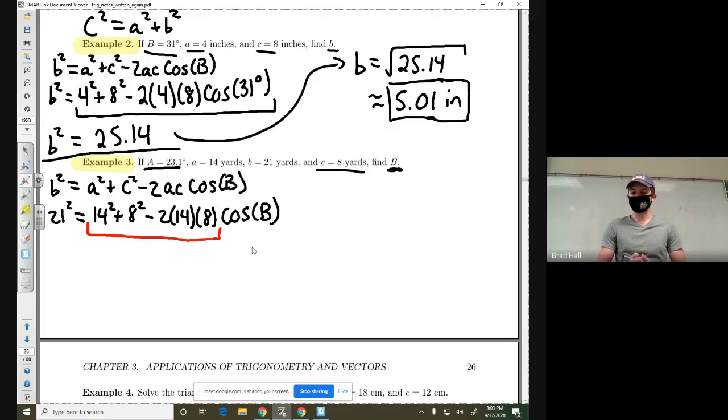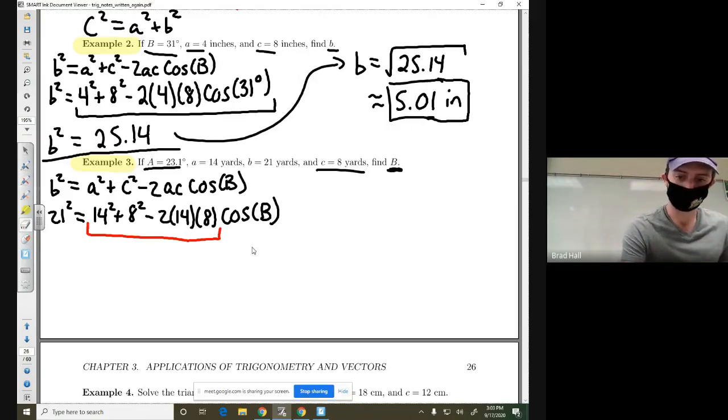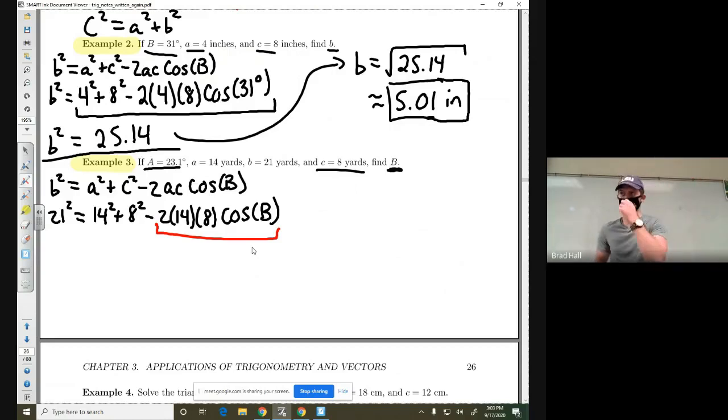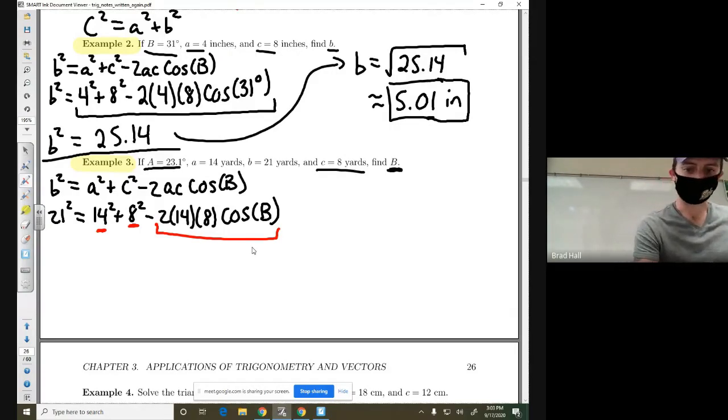You cannot combine those numbers together that I just have underlined in red. It breaks order of operations because these numbers are stuck to cosine. And until you get rid of cosine, those numbers cannot be added or subtracted to just rogue numbers out here. You cannot add those together.